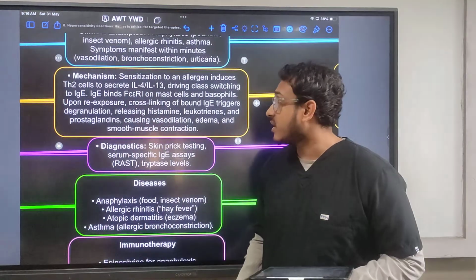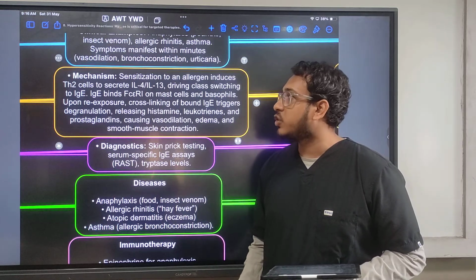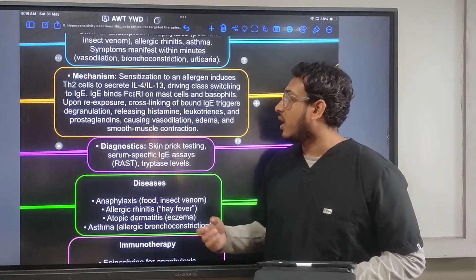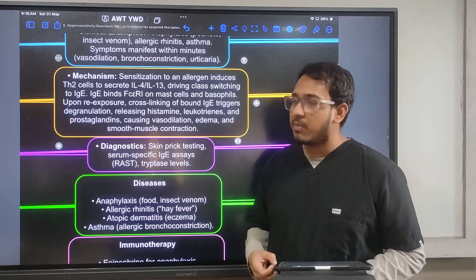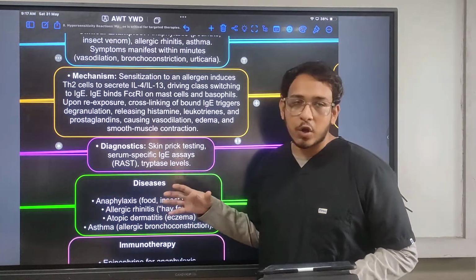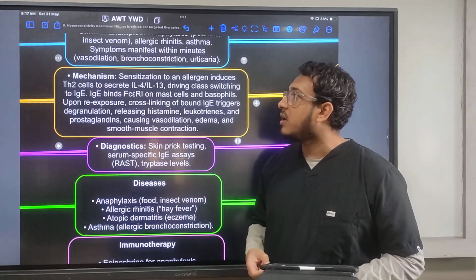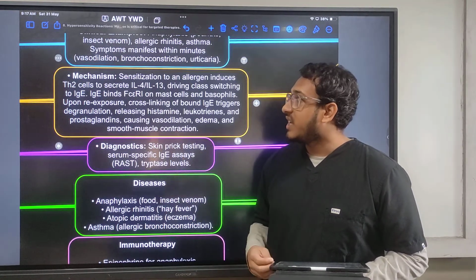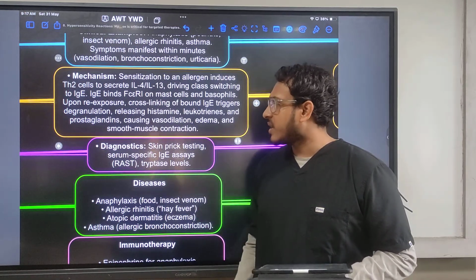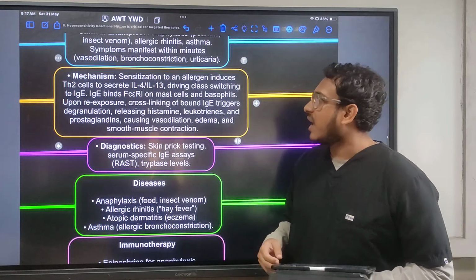So the mechanism of type 1: sensitization to an allergen will induce the Th2 cells to secrete interleukin 4 and interleukin 13, driving the class switching to IgE. So the other immunoglobulins will switch to IgE in the presence of interleukin 4 and 13. So IgE will bind to Fc epsilon RI on the mast cells and basophils.